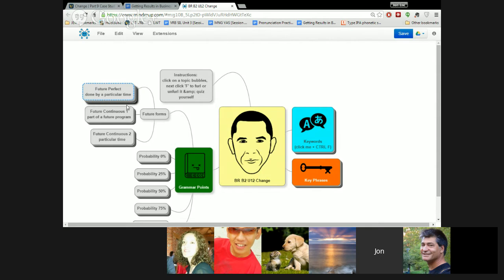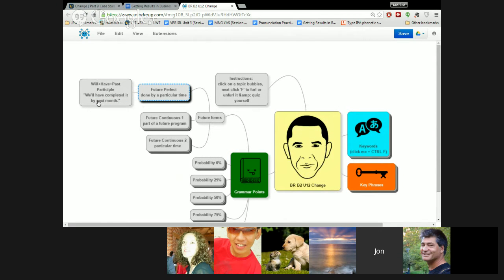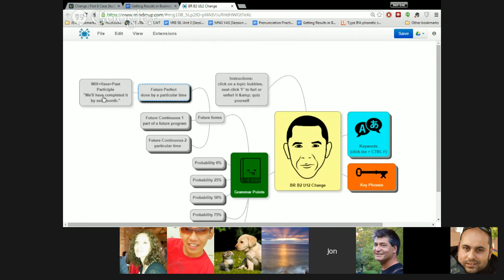If you want to open any part of the map, you just click the F button on your keyboard. Boom. I opened it. We will have completed it by next month. It's just like the class will have finished by 12. So will, have, past participle, you are absolutely right. Now, we've got two different ways to use the future continuous.